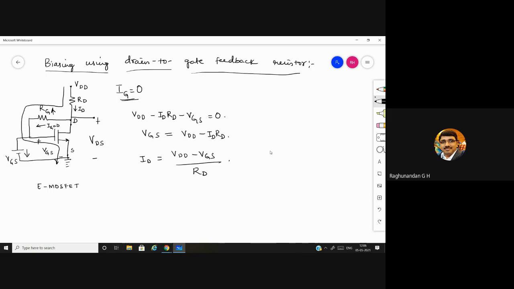In E MOSFET, I'm going to make VGS as 0. What will happen now to the drain current? I repeat the question. When VGS is made 0, what will happen to the drain current?